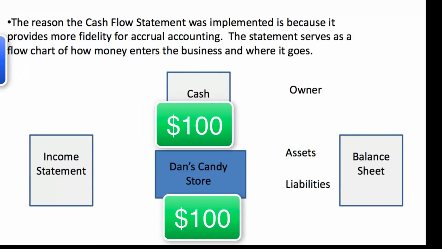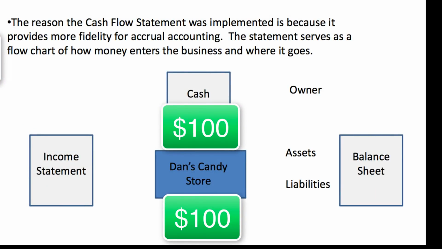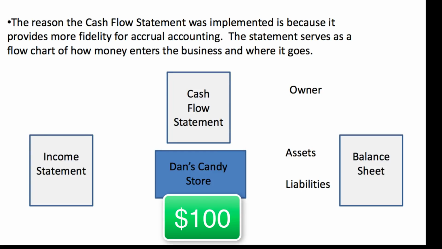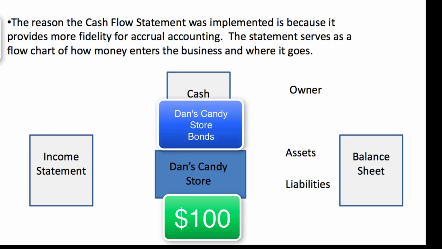Well, when he sells those shares, that's going to bring additional funds and cash into his business. So instead of just making $100 from the candy that he sells, he might make another $100 just through the sale of his stock. Another way Dan can raise money is he can issue bonds. I'm sure you've already realized that, but that's not something that you're going to capture on the income statement.